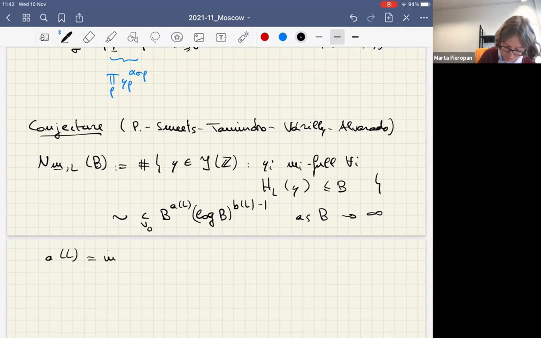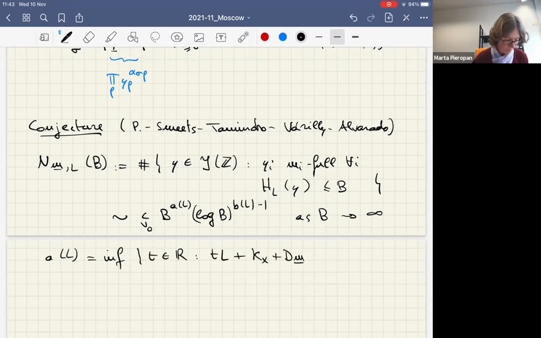So the infimum of real numbers t with the property that tL plus the canonical divisor of the toric variety plus the boundary divisor D_m is effective.